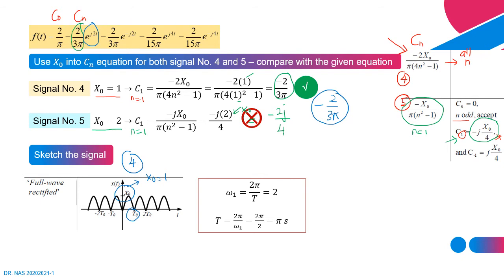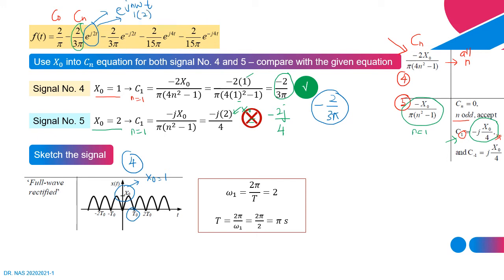So from this equation, this is e to the j omega t. So n in this case equal to 1. So your omega 1 equal to 2.